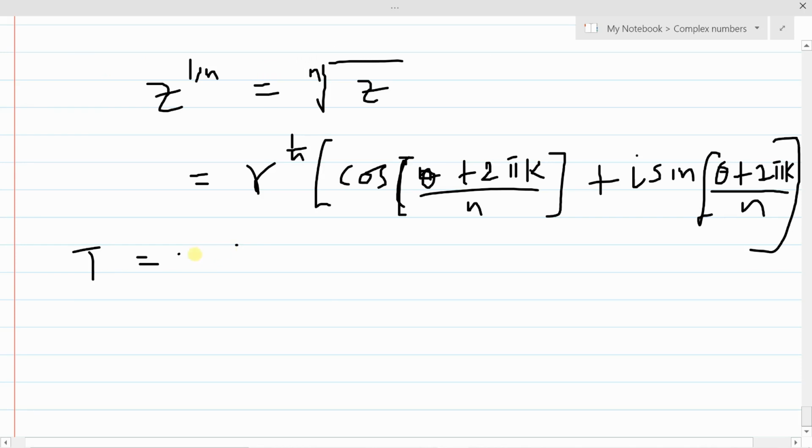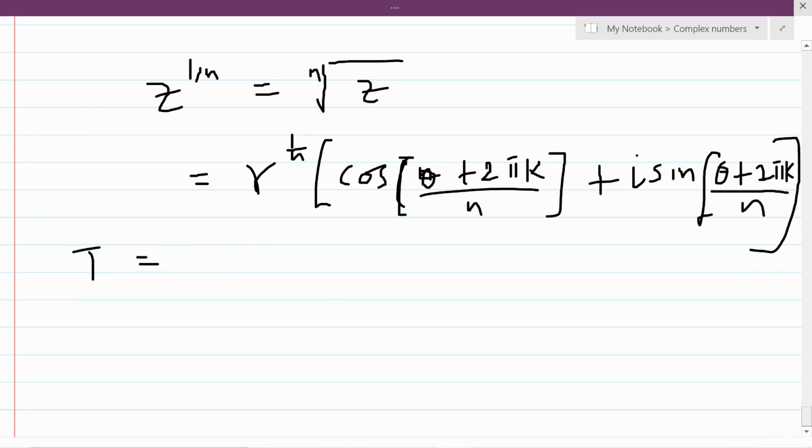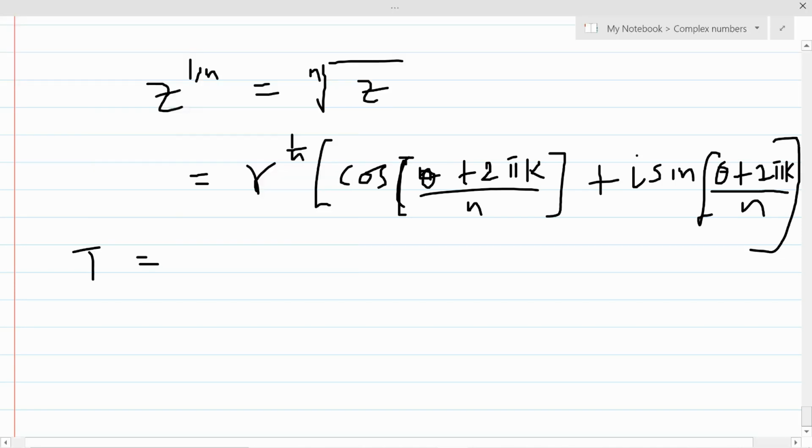So for every cos and sine of anything, let's say cos of 0 is 1, cos of 30 is square root of 3 on 2, and if it continues like that and reaches 2 pi, it will start again.